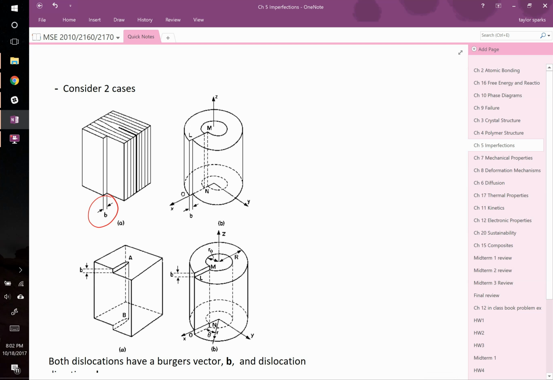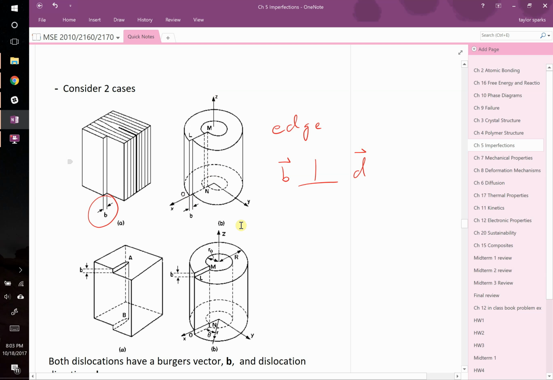In this case, which we call an edge dislocation, the Burgers vector, which we denote with the letter b with a vector hat on it, is perpendicular to the direction of the dislocation. The dislocation direction is running up and down in this, say, cylinder that's here, so it's running up and down or along the Z direction.